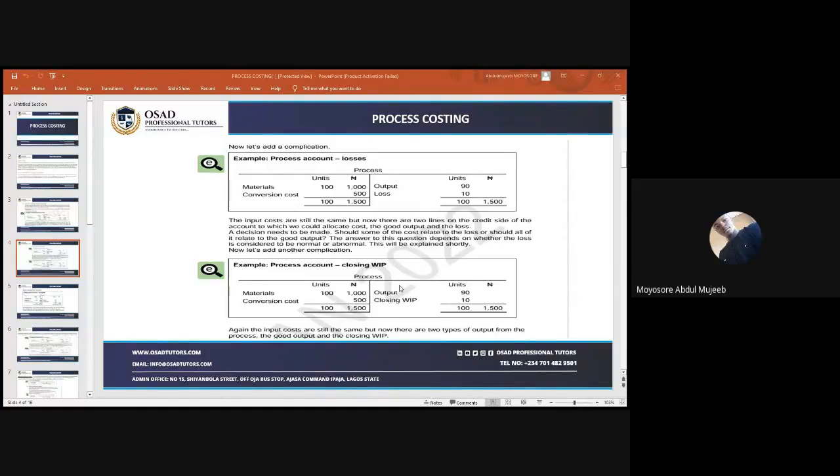Now, Fumi or Zainab, somebody should tell me, what does closing work in progress mean? Fumi, Zainab. Samuel, help out.